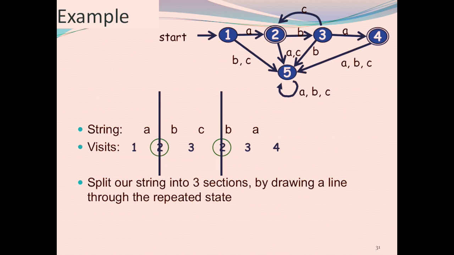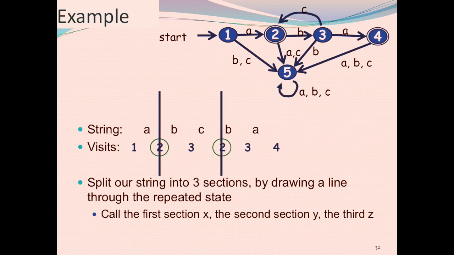A little bit neater. And I'm going to call the first section, the letters that come before the first line, X. In this case, X just equals the letter A. I'm going to call this second piece Y. So Y is going to equal the string BC.